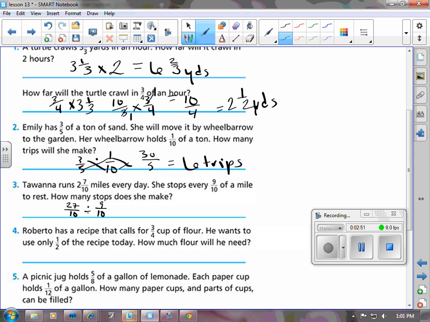Okay, and this time I'm going to flip it. So 27/10 times 10/9. Okay, cross these out. 1, 1. 27/9. Okay. And you could simplify that, right? You guys know that, which is 3. Stops.